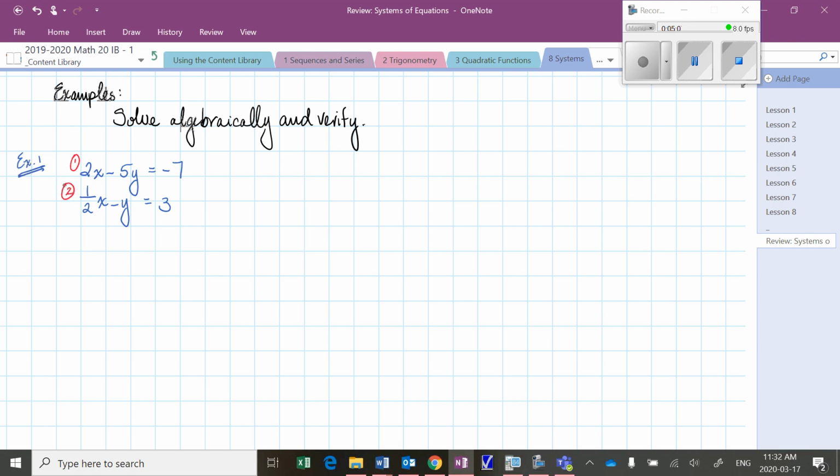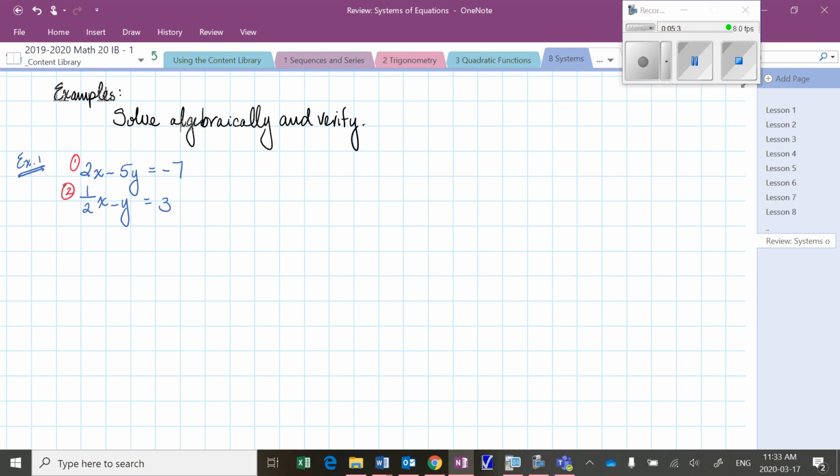So equation 2 already has the y coefficient as -1, so I could go ahead and choose to isolate that y. However, you can see that I've got a coefficient of 1/2, and the whole idea of substitution ideally is we're avoiding having fractions in here.